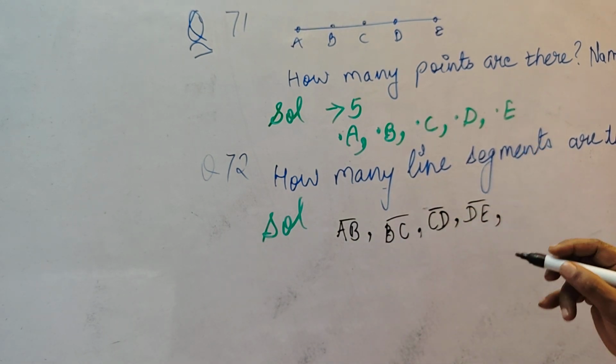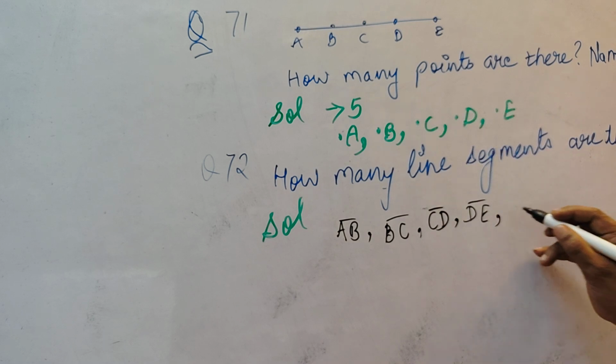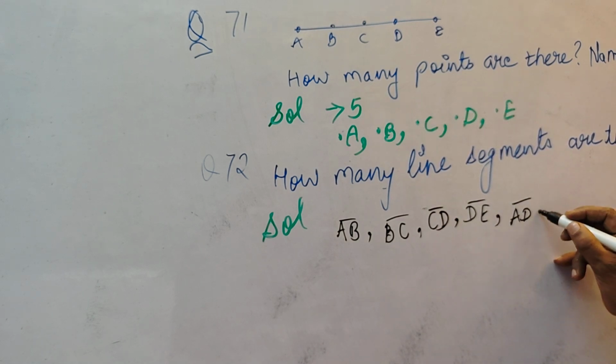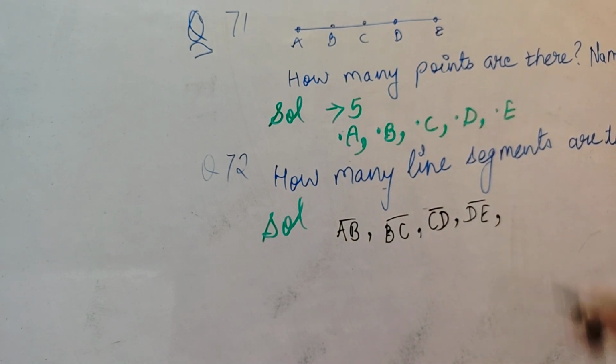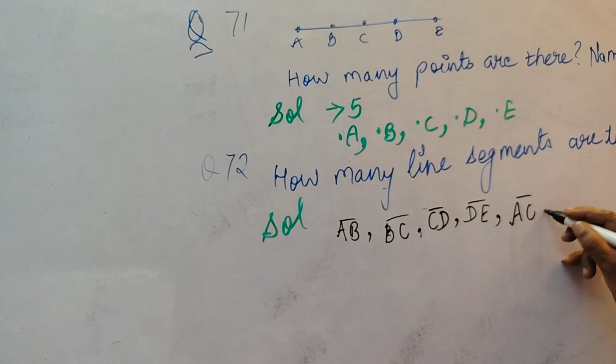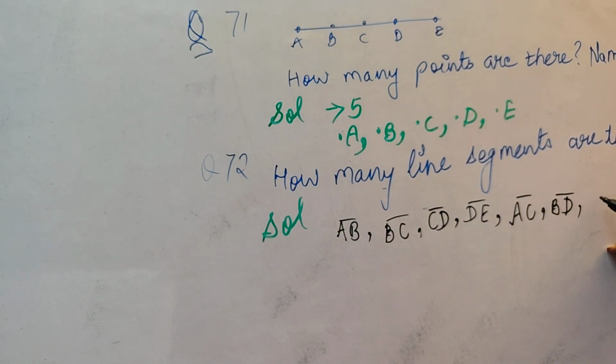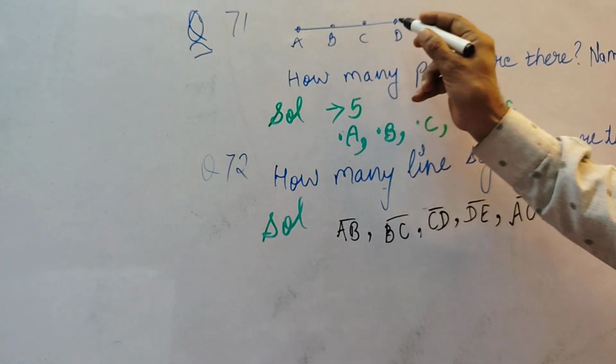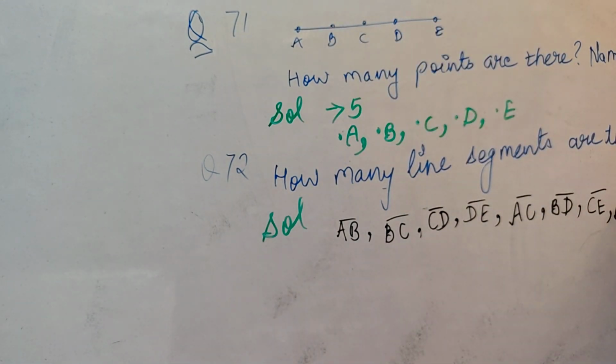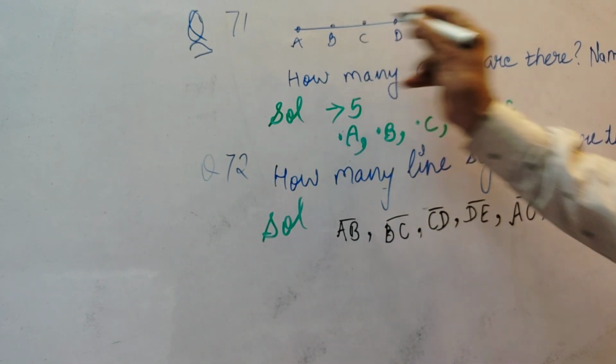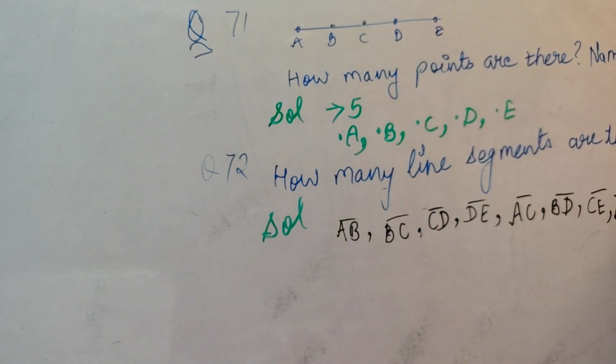Now take two parts at a time: AC, BD, CE. Now three parts at a time: AD, BE.